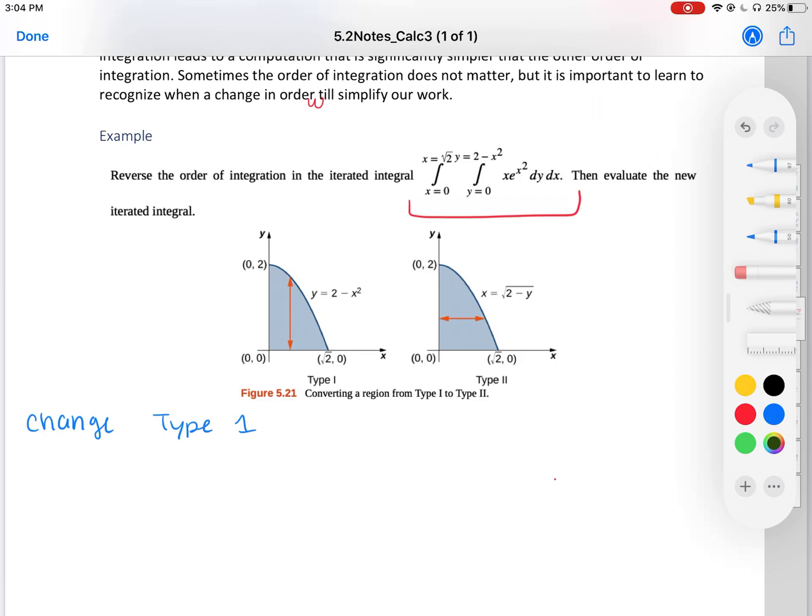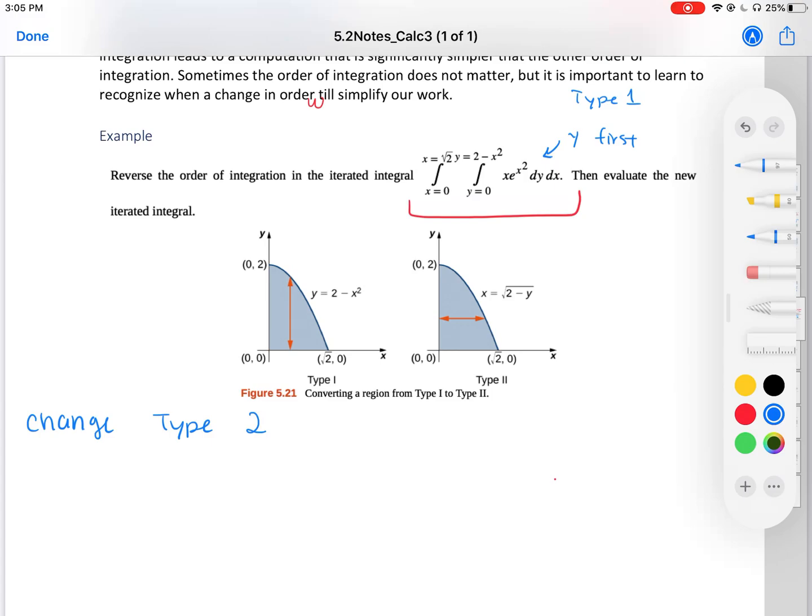If y is first, then it's type 1, meaning we have our argument in terms of x. So our hope is to change it to type 2, meaning we look at our argument from left to right. All right, so I include this picture so we can flow through it a bit more quickly.